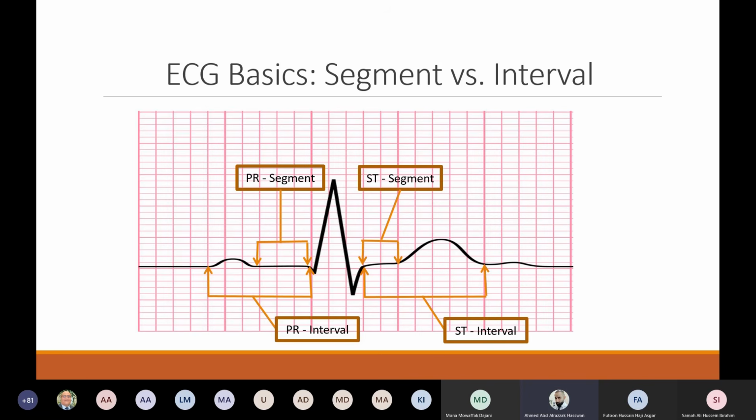If you say interval, then this actually includes a wave. This is just a term that you have to know when you hear the words segment and interval. Similarly, the PR segment doesn't include the P or the R, while the PR interval actually includes the P wave, okay? So keep this in mind because we will be using these terms a lot.